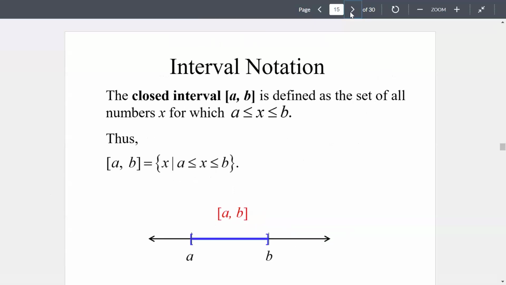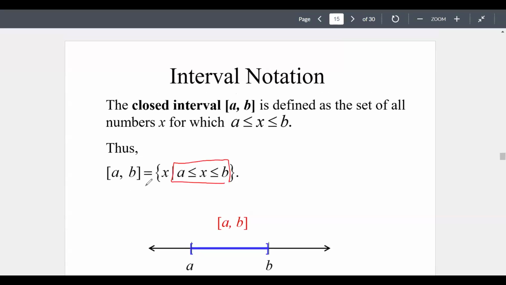If our inequality includes equal signs like we do here, then this is what our interval notation is going to look like. We're going to use those brackets. So what we have here is the interval notation on the first side, and the side here is what we call the inequality.